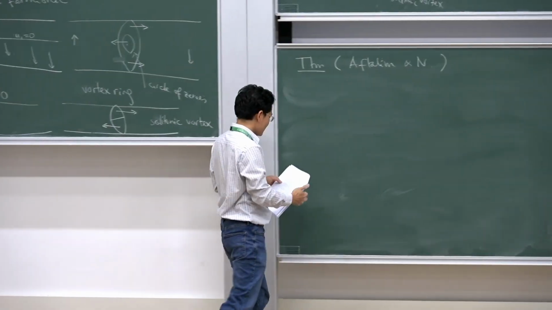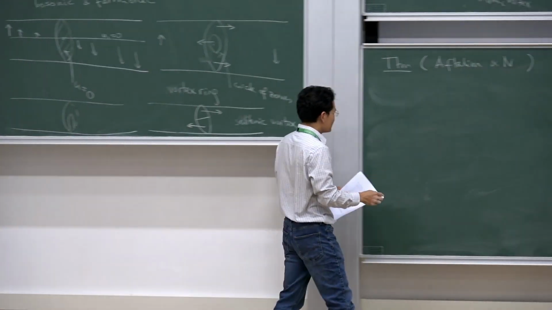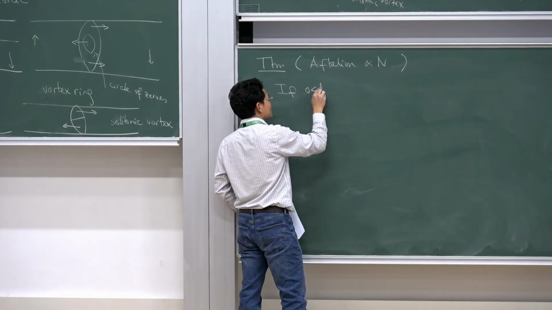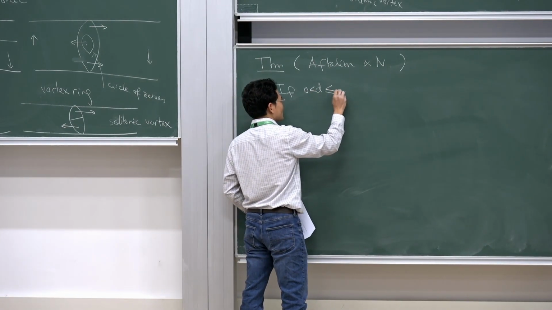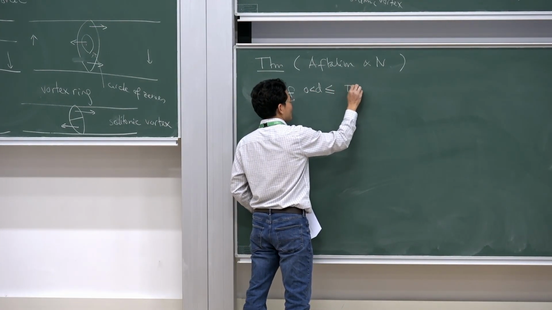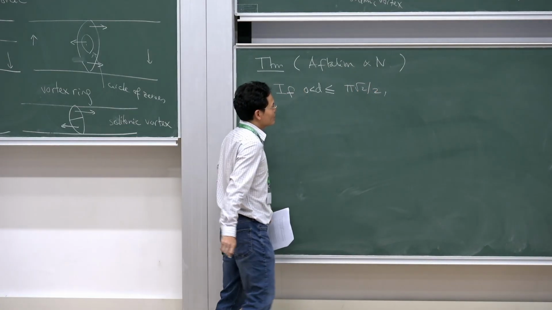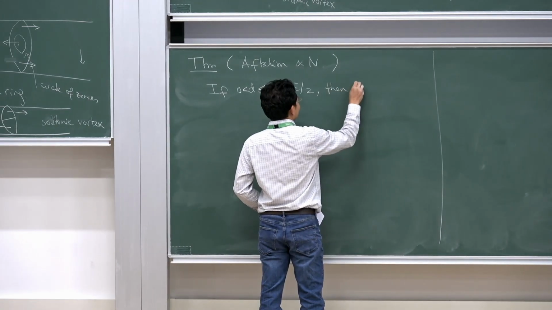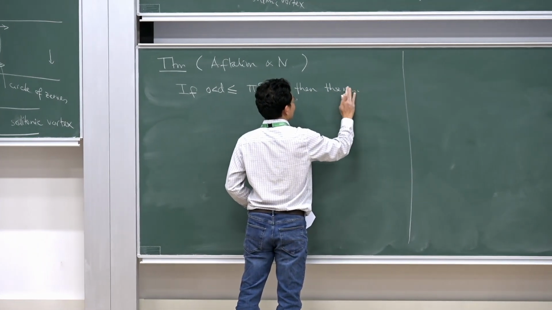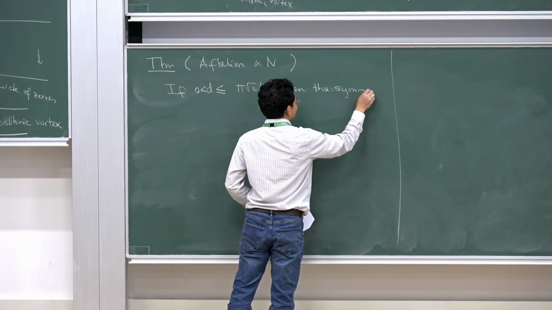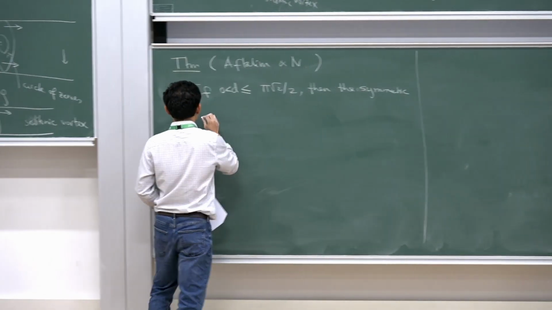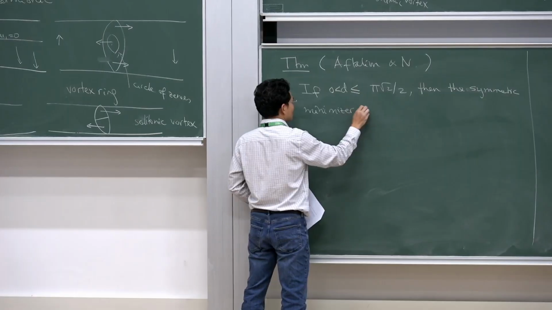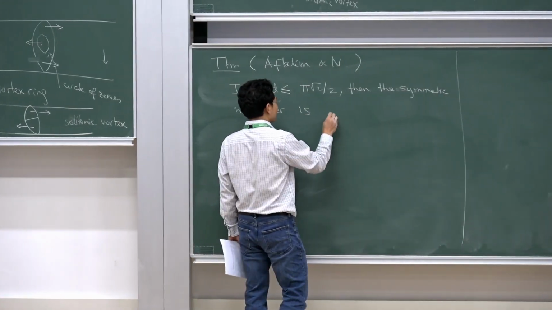So if 0 is less than D and less than or equal to π√2/2, then the minimizer, or the symmetric minimizer here, is the soliton.